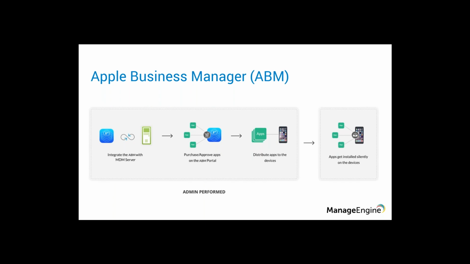Once you have got your Apple Business Manager account, you would then have to integrate the ABM service with the MDM server, purchase any paid applications, or approve any free applications that you would like from the ABM portal. Once the applications are approved, you can then distribute them from the app repository to your mobile devices, and the apps get instantly installed on your devices without the need for user intervention.